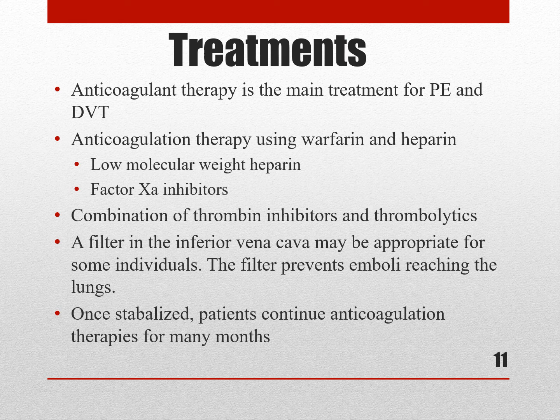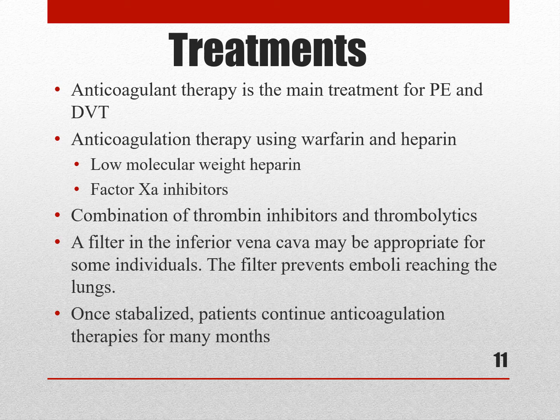So finally, treatments for DVT and PE include various anticoagulant therapies. So most commonly, that's the use of warfarin and heparin in combination, as well combining those anticoagulants with thrombin inhibitors and thrombolytics set up your patient for a significantly decreased risk of developing another DVT episode.